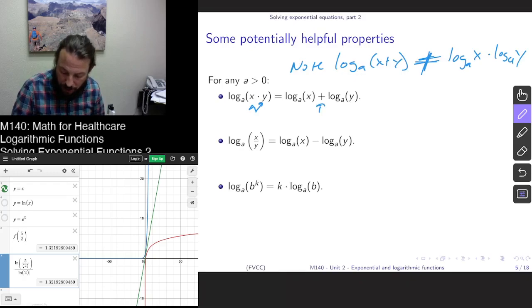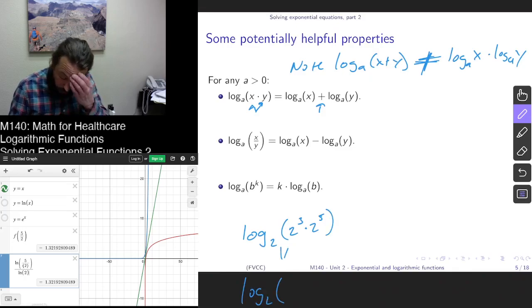Let's think about it as an example. Log base 2 of, let's say, 2 cubed times 2 to the 5th. Well, we could evaluate this. We know this is going to be log base 2 of 2 to the 3rd times 2 to the 5th. We add the exponents, we get 2 to the 8th. And I want you to think about that.